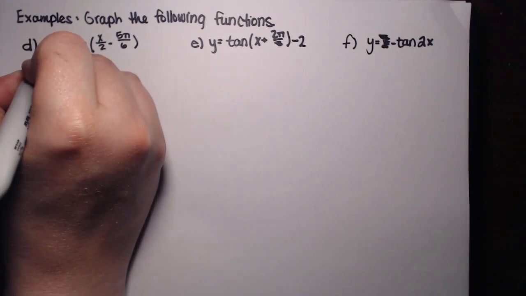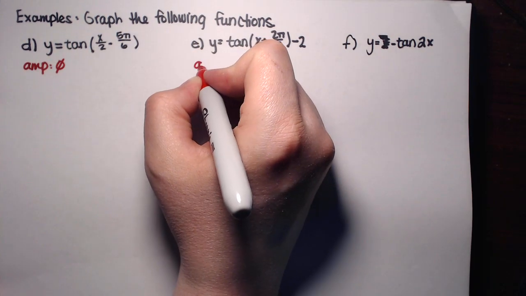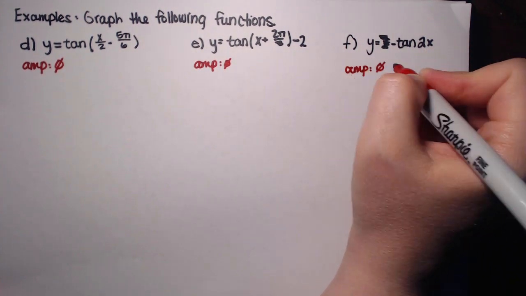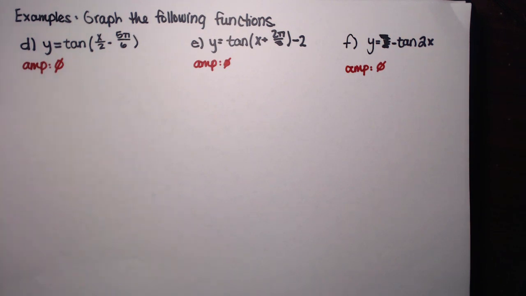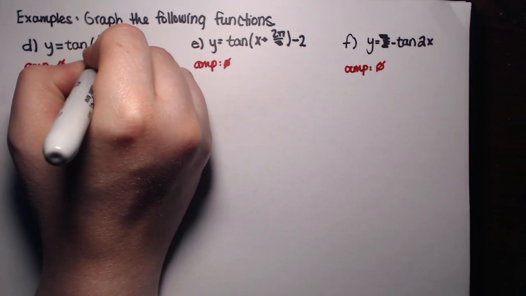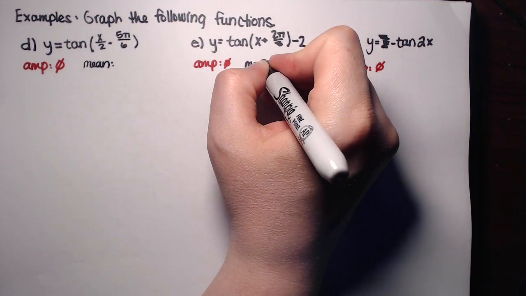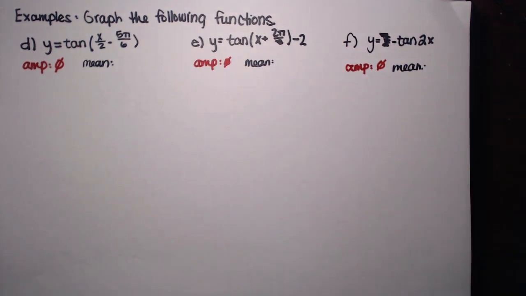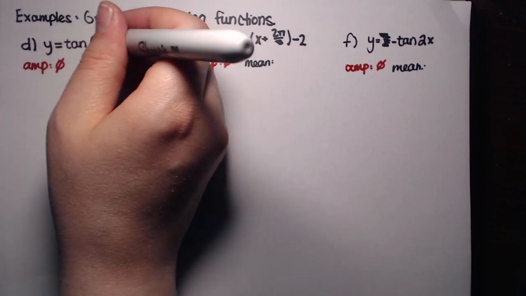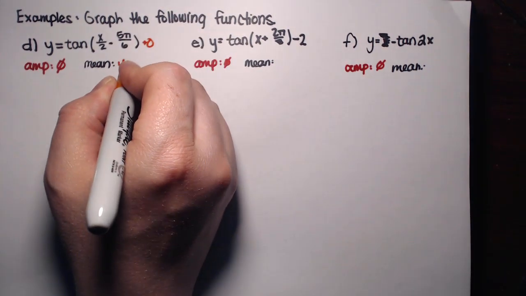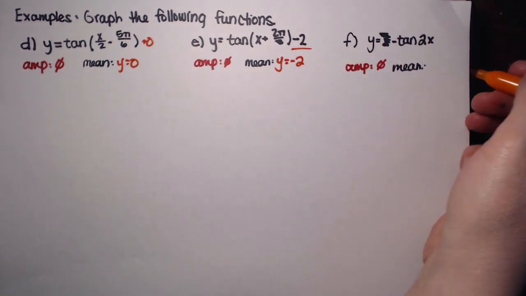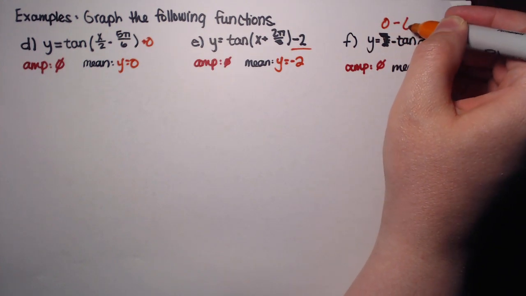Amplitude doesn't really exist for tangent. The mean line: well, there's nothing being added to this, so it's 0 here, -2 here, and I could have written it like this.